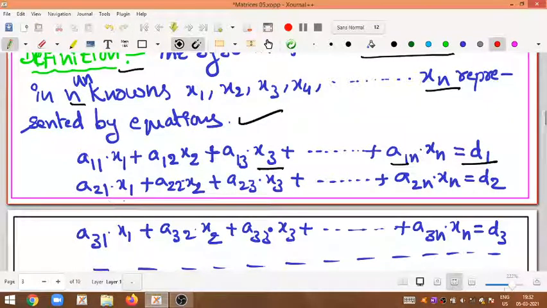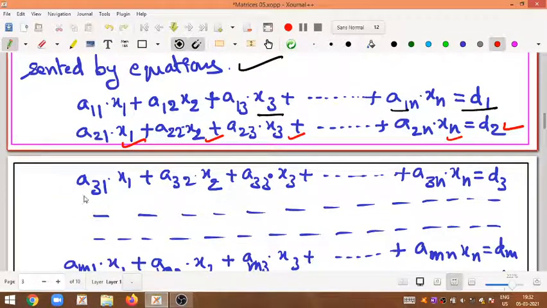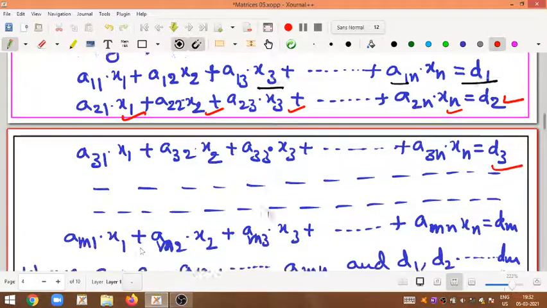Similarly, a21 into x1 plus a22 into x2 plus a23 into x3 plus so on, plus a2n into xn, which is equal to d2. Similarly, a31 into x1 plus a32 into x2 plus a33 into x3 plus so on, plus a3n into xn, which is equal to d3, and so on.